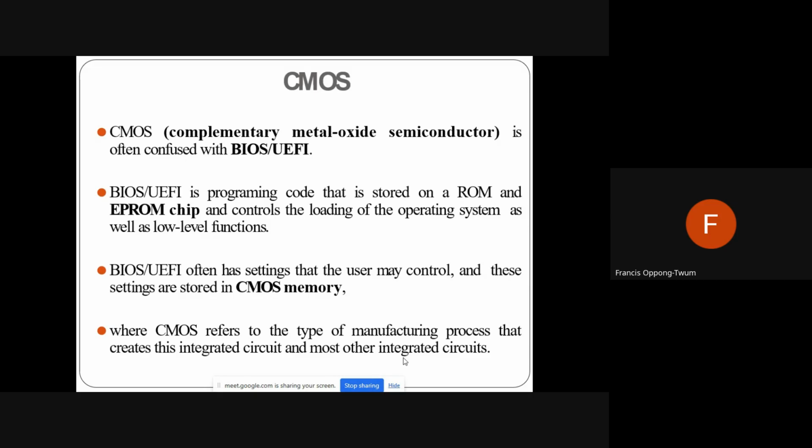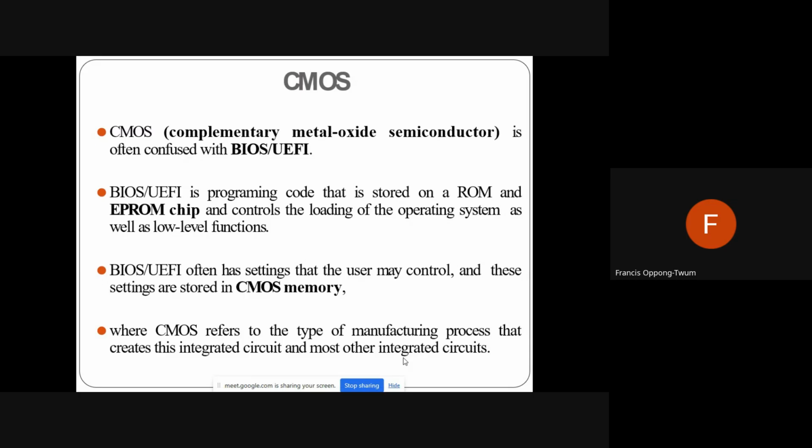Another component that, when we open the system unit as a computer guy, or student of hardware, you should be able to identify easily is the CMOS. We have the CMOS battery. Somebody said in the image that I showed you at first that you can see the battery.